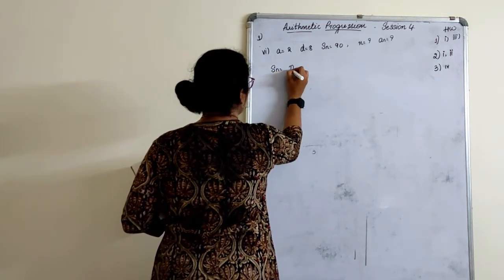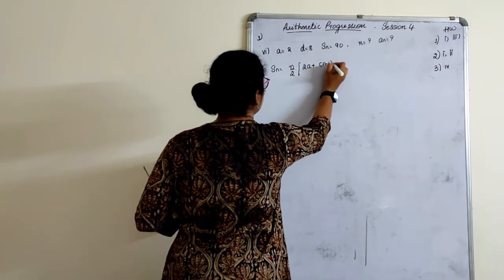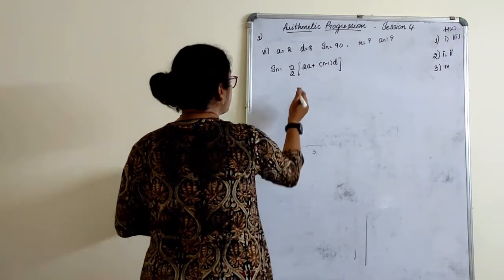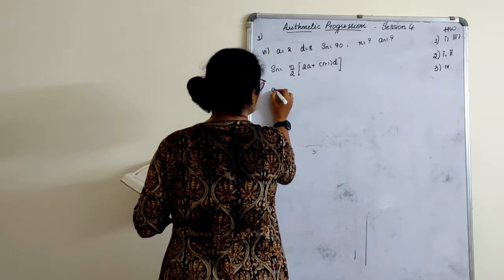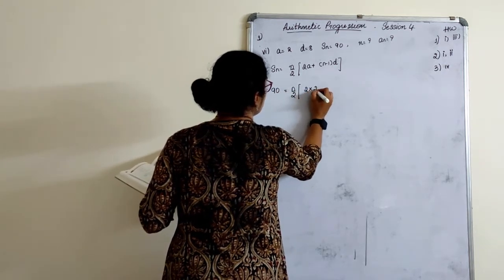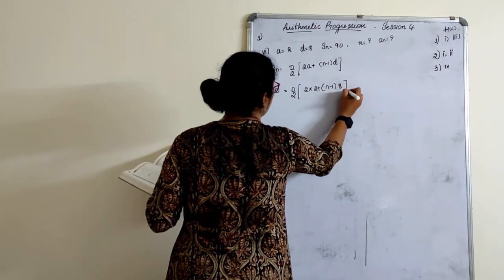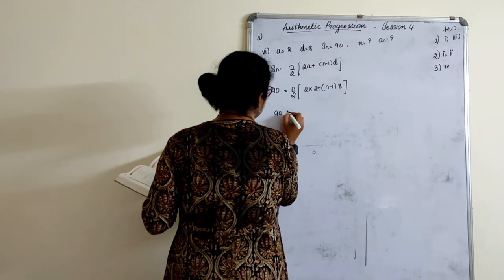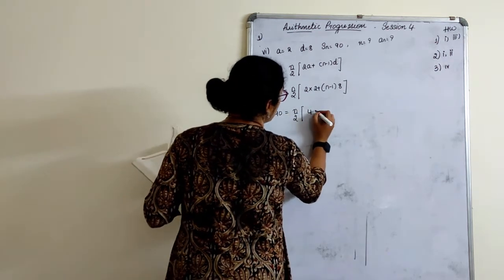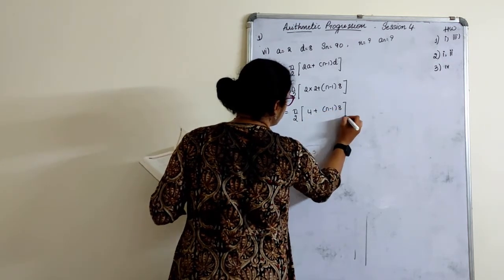Sn is equal to N by 2, 2A plus N minus 1 of D. So what is N here? We have to find N. Sn is 90, N by 2, 2 into 2 plus N minus 1 of D. 90 is equal to N by 2, 2 twos are 4 plus N minus 1 of 8.